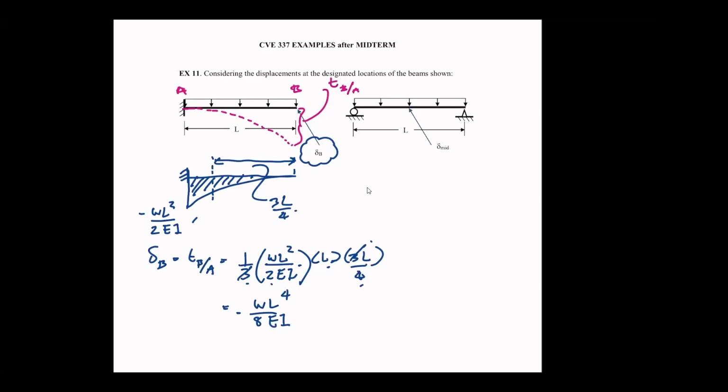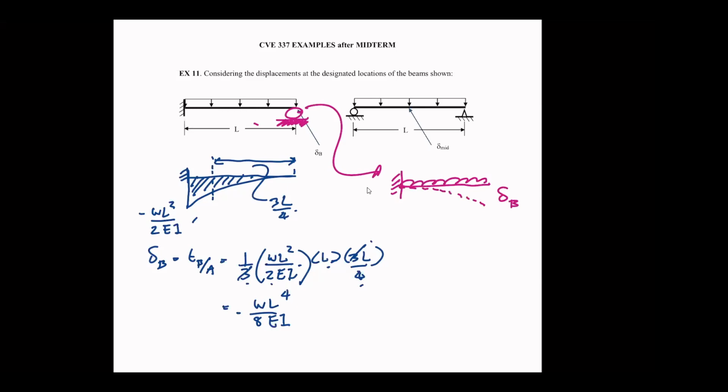If instead of having this, I now write this structure and ask you to calculate the reactions, that would mean that you can now break this into the structure with the uniform load that has a displacement delta B, and then another structure with the reaction at B that will cause the displacement.